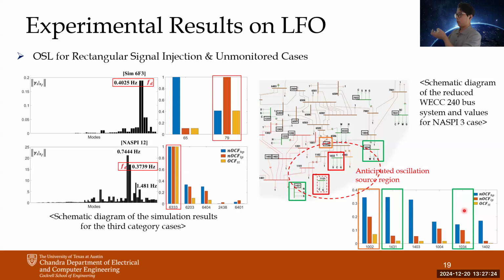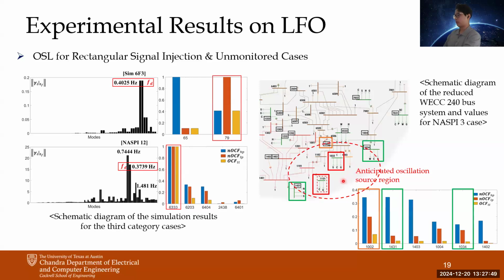When we observe the OCF-TT values of the other buses, we think that we could set some kind of anticipated oscillation source region, like this circle. From this region, we can conclude that two generator buses, bus 1131 and bus 1032, might be the potential oscillation sources for this oscillation case.